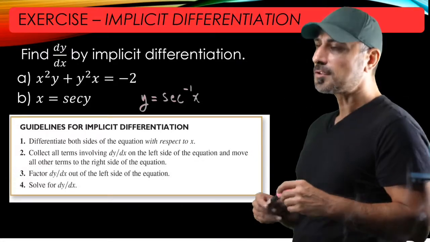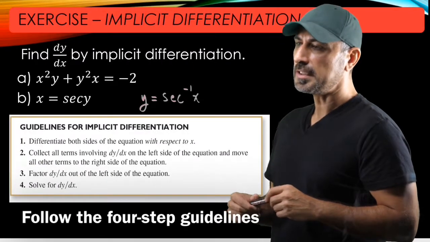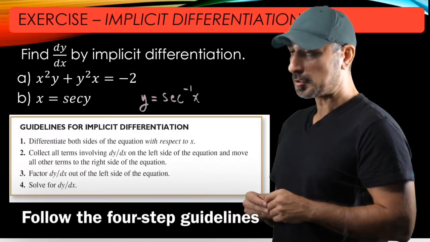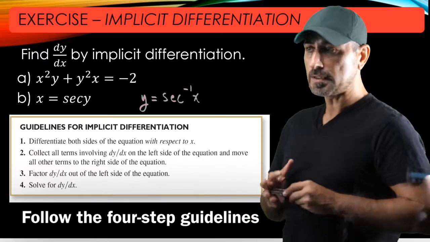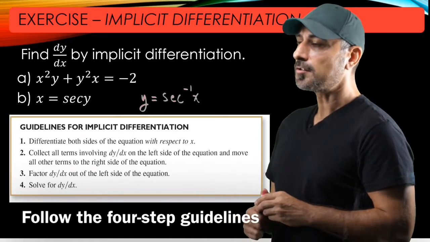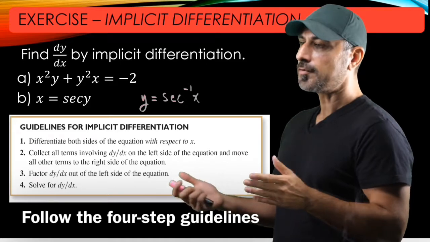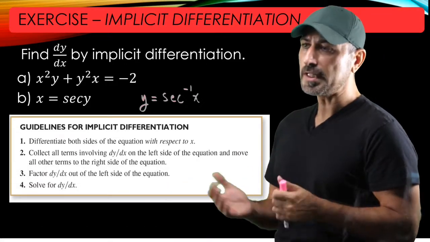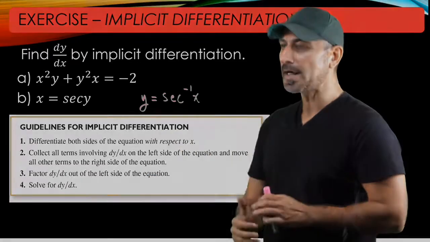Once you're done with the differentiation of both sides of the equation, you collect dy over dx, or y prime, terms on the left-hand side of the equation, and the rest is collected on the other side. On the left-hand side, we factor dy over dx, or y prime, out, and then solve for dy over dx, or y prime, in the next step. All right, so let's apply this guideline for part A.